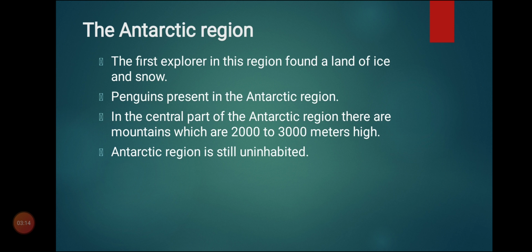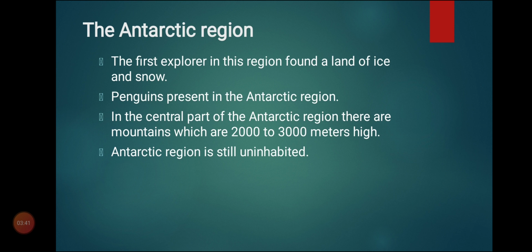In the central part of the Antarctic region, there are mountains which are 2000 to 3000 meters high. The Antarctic region is still uninhabited. Why is it still uninhabited? Because, as we discussed earlier, the Antarctic region is much colder than the Arctic region.